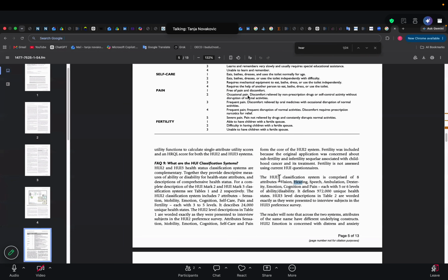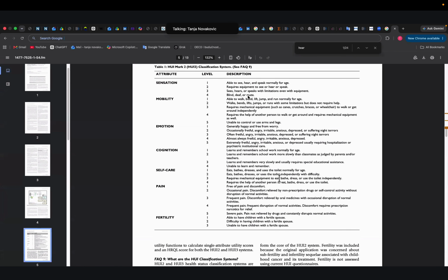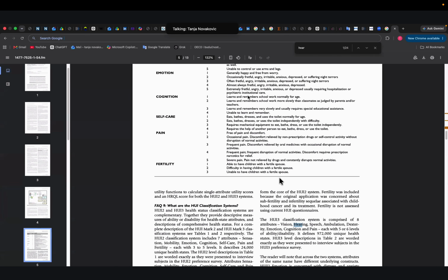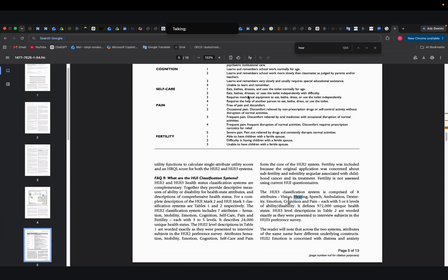So this is actually doing it with vision, hearing, speech, ambulation as a domain. Because part of this, as you were saying, of the interactions is quality of life. These symptoms and domains already have quite a complicated relationship between them.